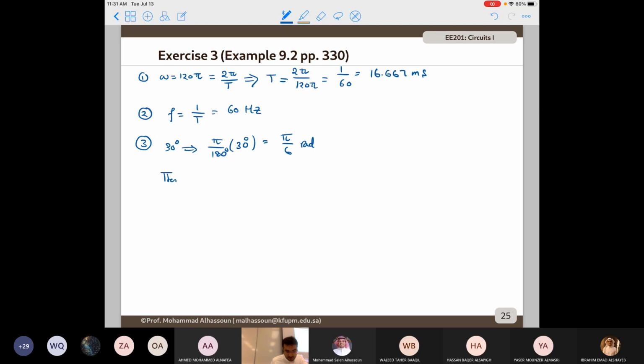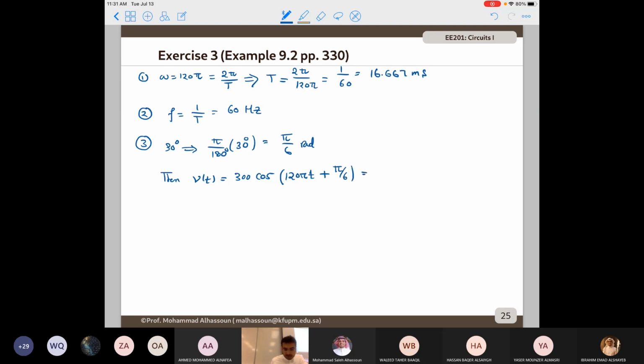So then V of t will be 300 cosine of 120 pi t plus pi over 6.